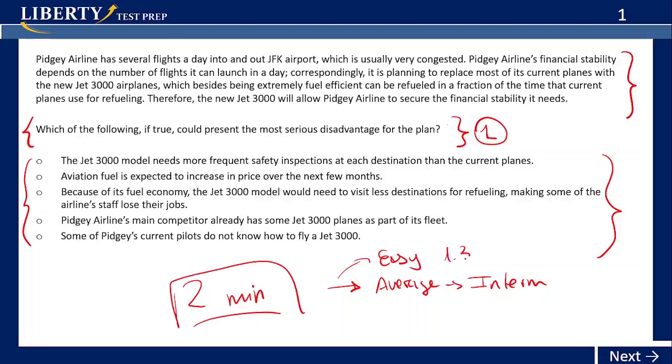Maybe 1.5 minutes is enough. And for the hard ones, they're going to have more text, more words, and also a more complex vocabulary. So you're going to have to allow a little bit more, maybe 2:15 to 2:20 for those hard ones. So that's the timing for critical reasoning.